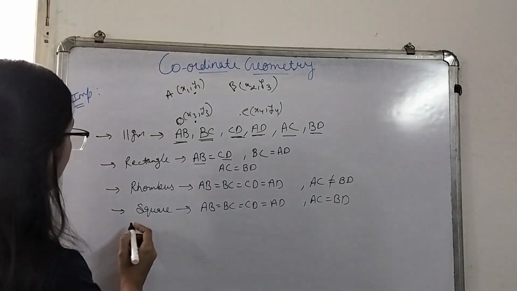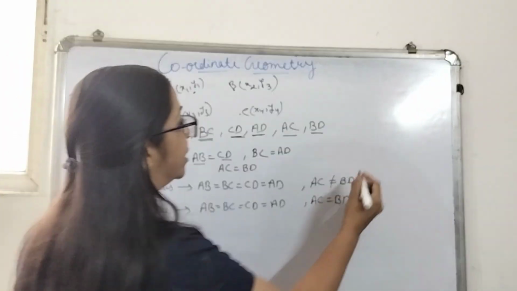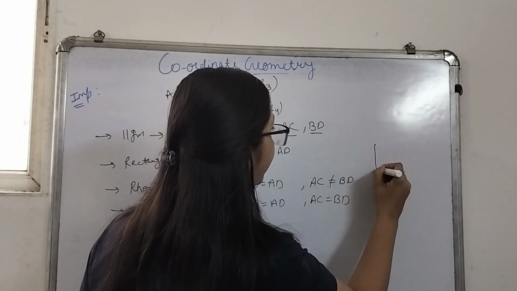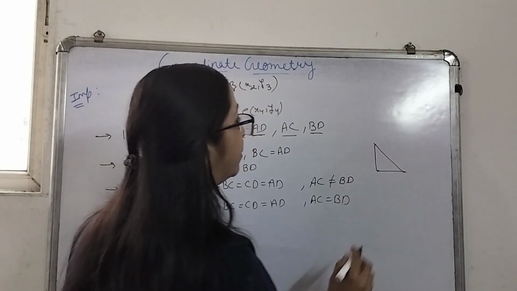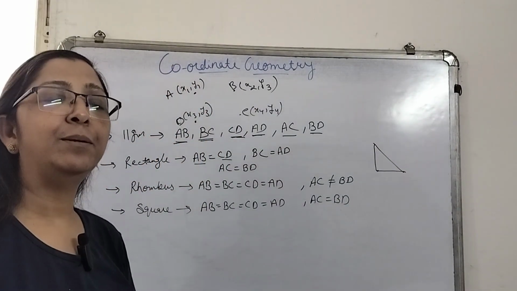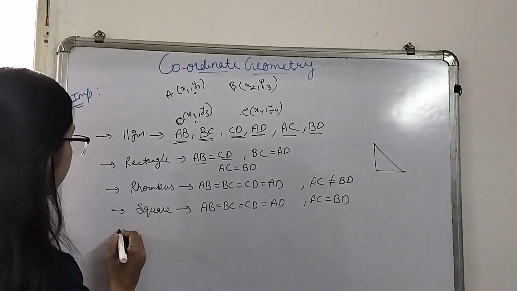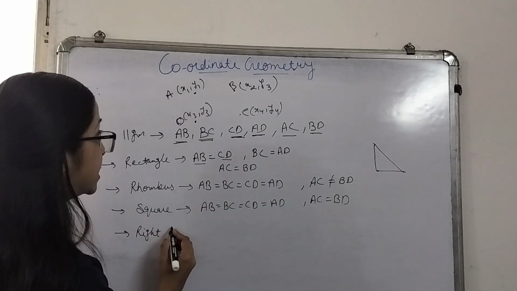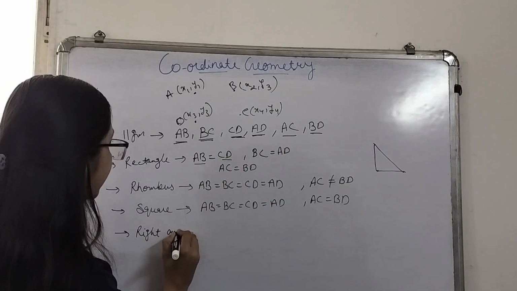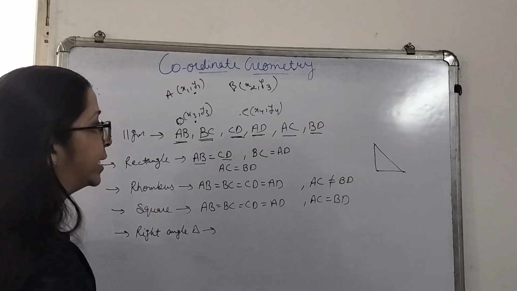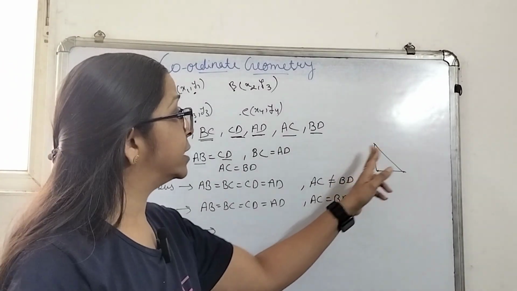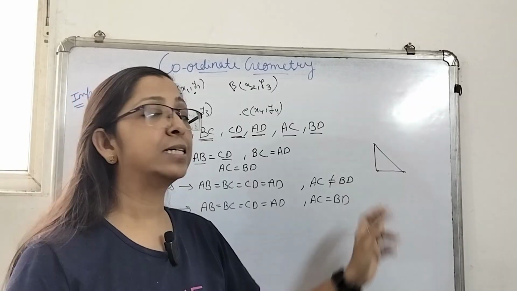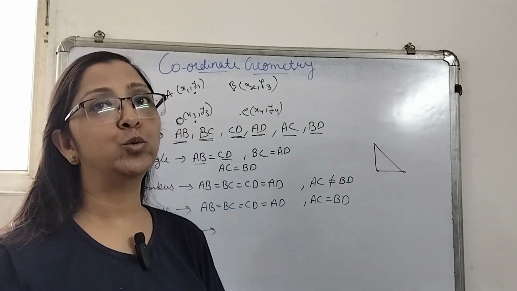Now, if instead of 4 points, 3 points are there, and we have to prove that the figure formed by joining these 3 points is a right angle triangle, in that case we have to prove that the square of the longest side is equivalent to the sum of the squares of the rest 2 sides.